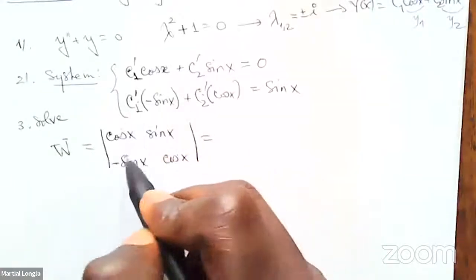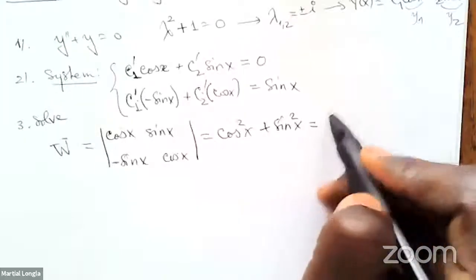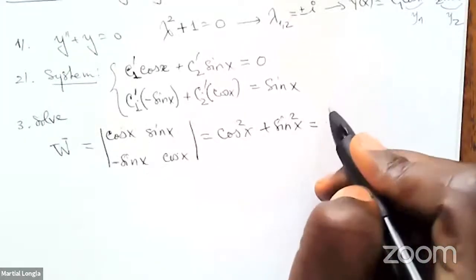Now check carefully what's going to happen. Cosine squared x plus sine squared x. And how much is this? Sine square plus cosine square, trig identity, 1. That's it.